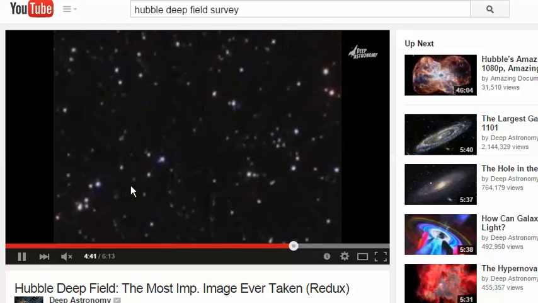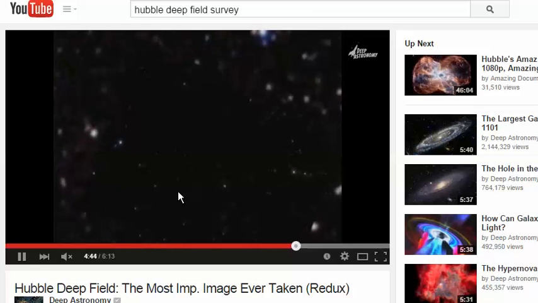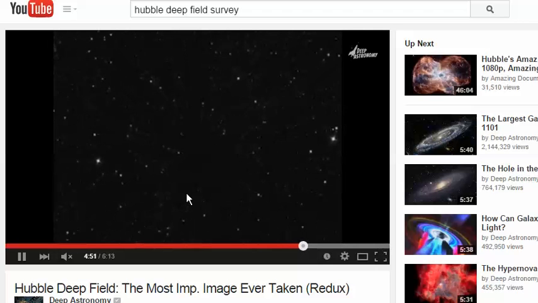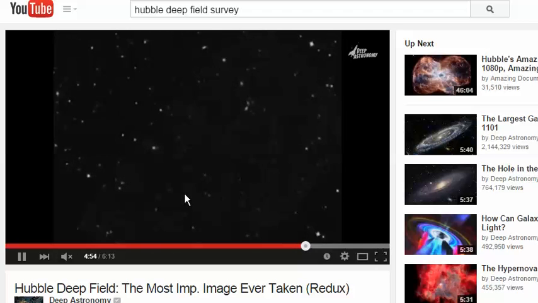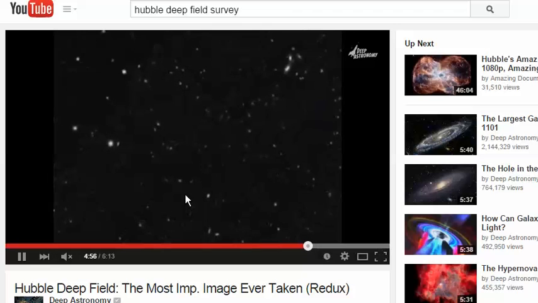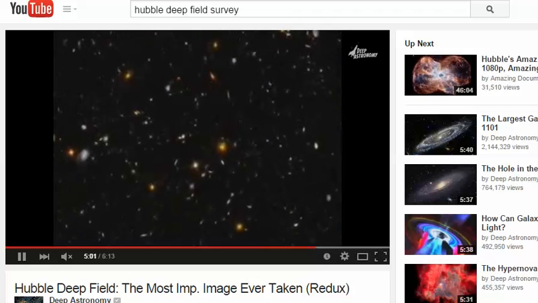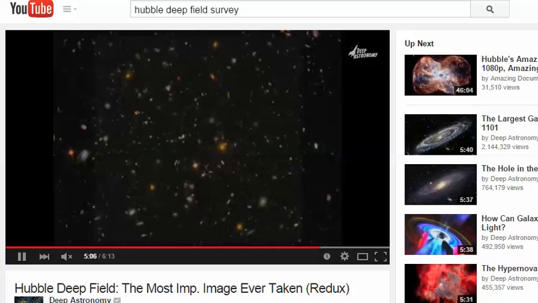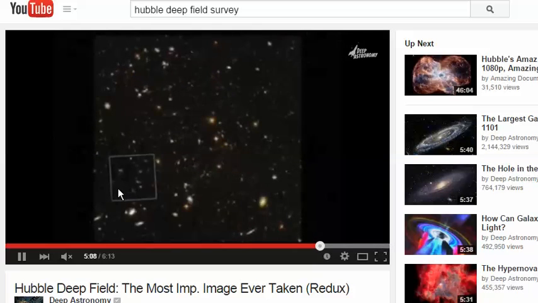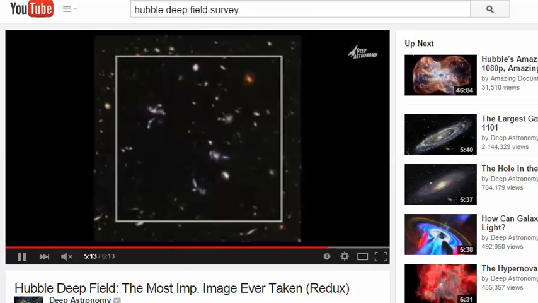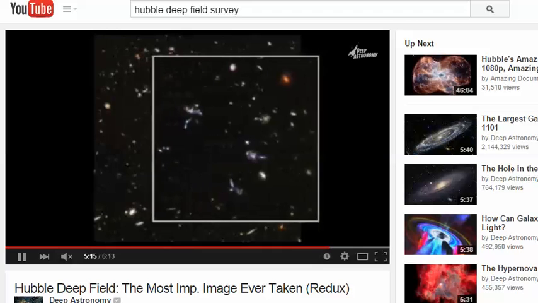So I think they missed if they're looking for the Hubble Deep Field Survey, or maybe this is a different Hubble Deep Field Survey. Maybe I was thinking of it because there are two, the ultra deep and the deep. Maybe this is Hubble Deep Field South or something like that. Anyway, they start zooming in repeatedly here. There's another zoom in, and I think they zoom in on this again until we get down to that.